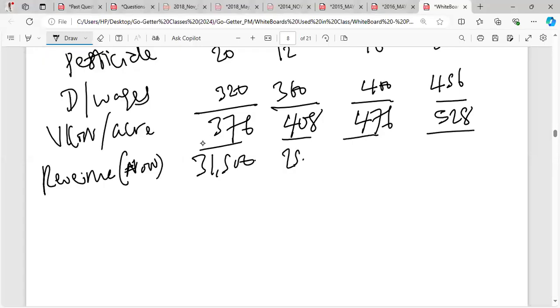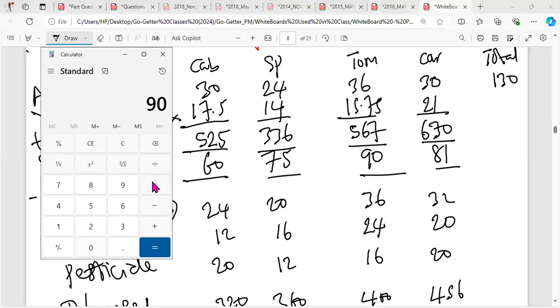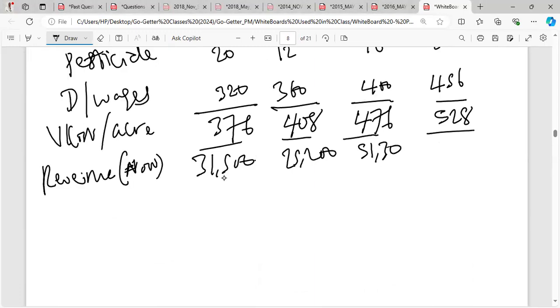Then we have 90 multiplied by 567. 5130.